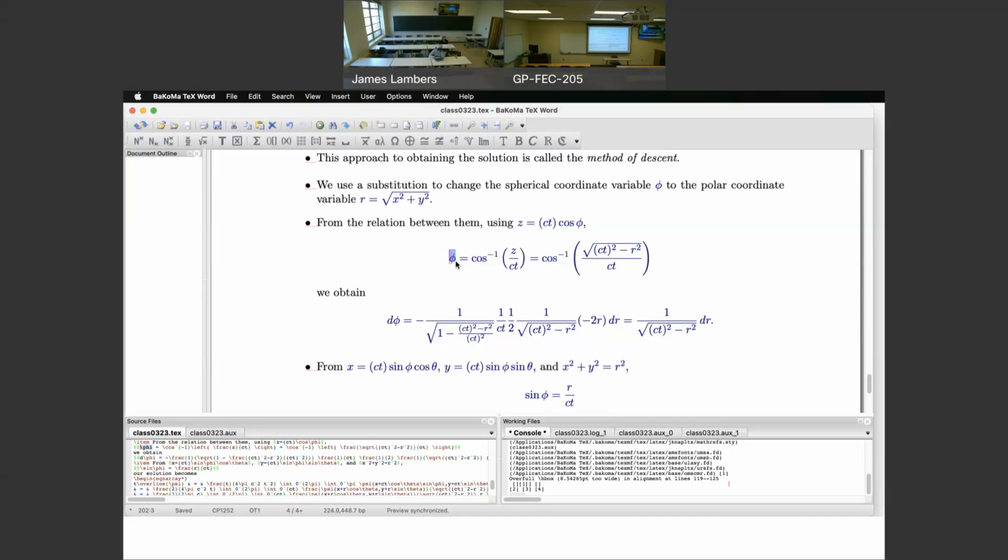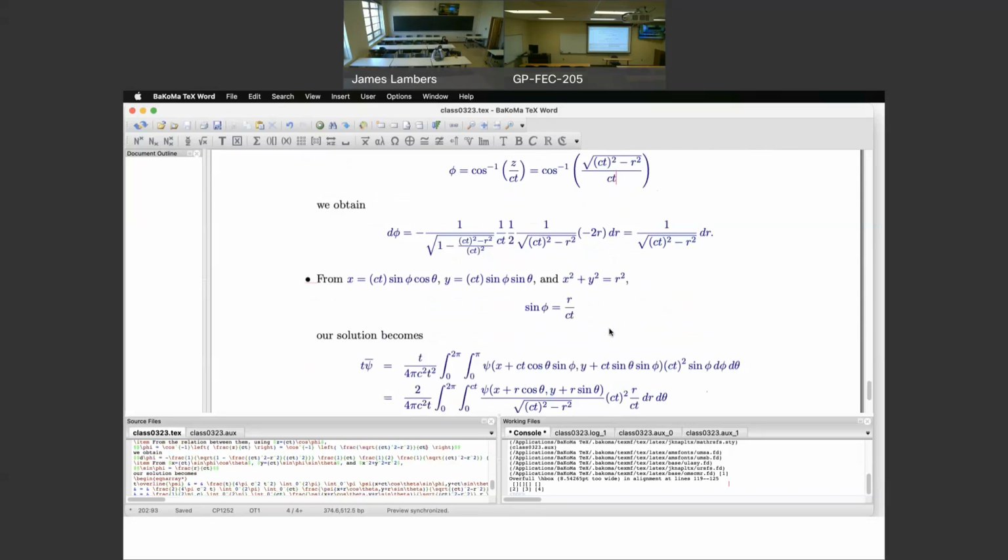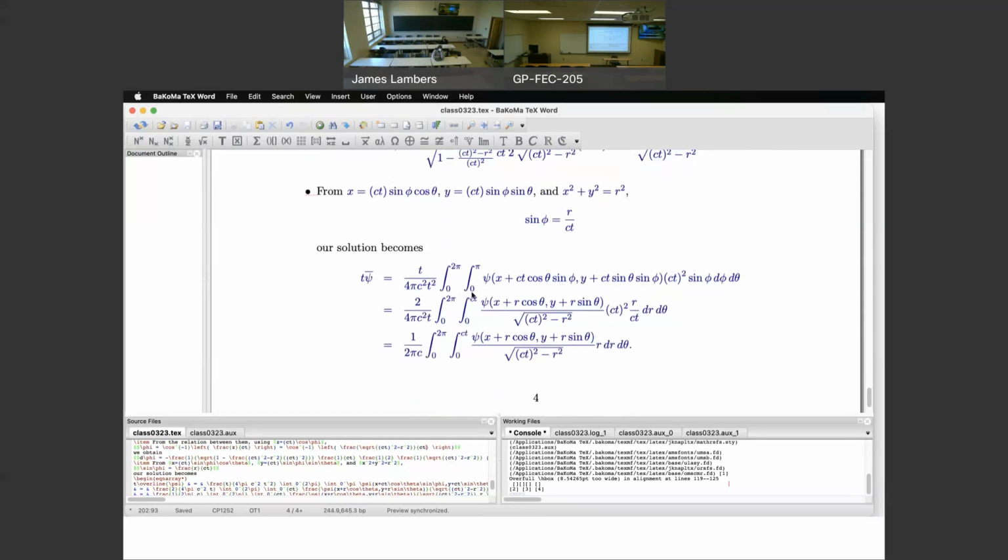When phi is equal to pi over 2, this has to be 0, so r equals ct. So that's how the limits of this integral from 0 to pi in phi becomes 0 to ct in r. So now we have this integral in polar coordinates to evaluate.